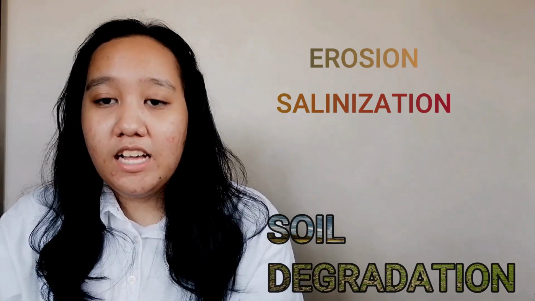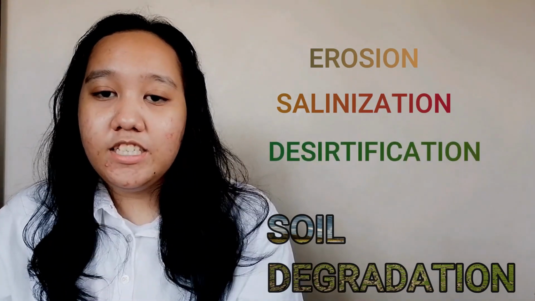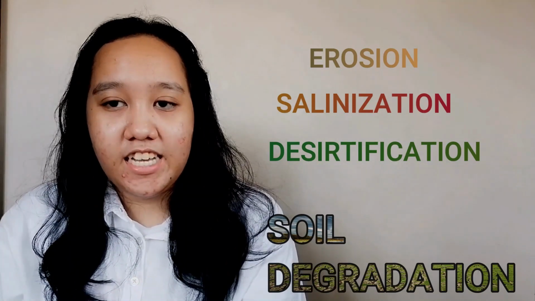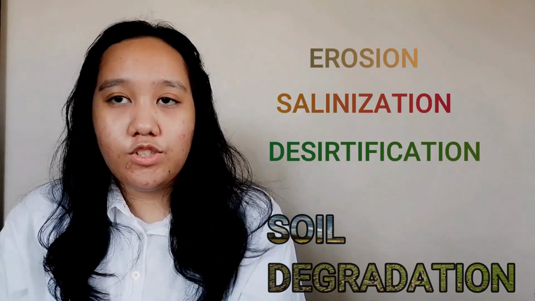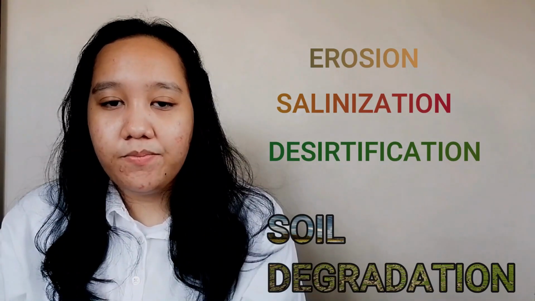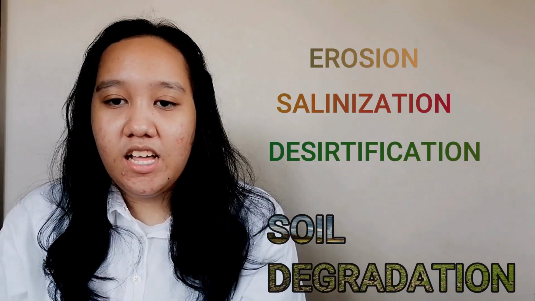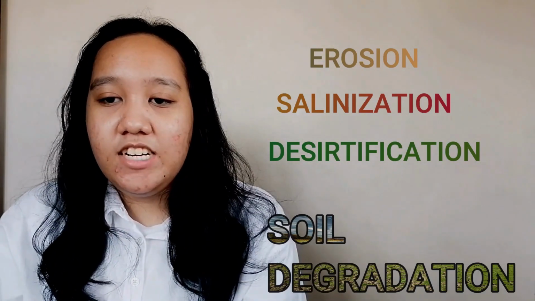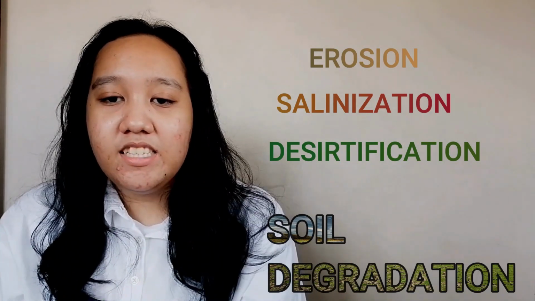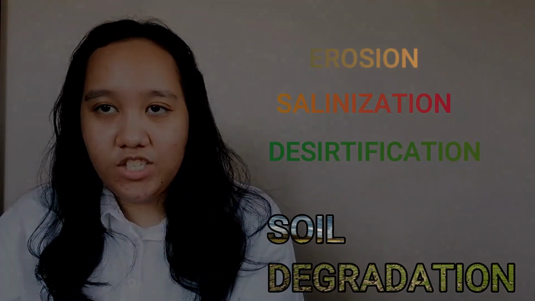Salinization is often associated with improper irrigation, while desertification is caused by a combination of climate changes and human-induced soil degradation, such as through overgrazing. Soil degradation can be worsened by climate change. Dry areas are generally becoming drier due to climate change, making these areas more vulnerable to soil degradation.